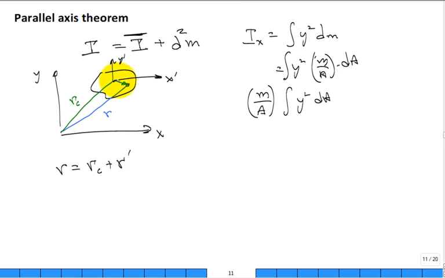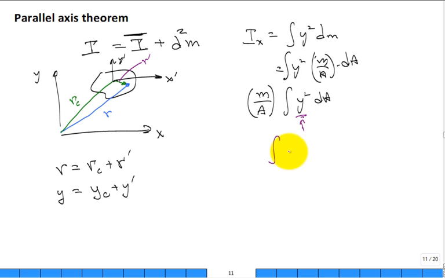What is this r prime? That vector right there, r prime. It's the position vector in the centroidal coordinate system. Or since we're really only interested in the y, you pick up that y is equal to y sub c plus y prime. Yeah, we substitute right in there.